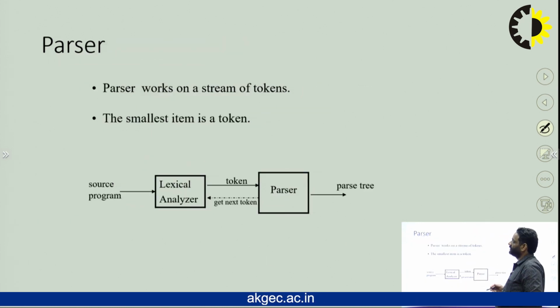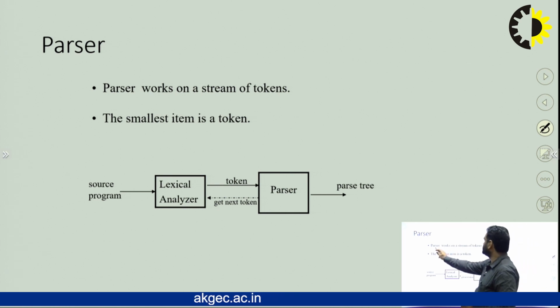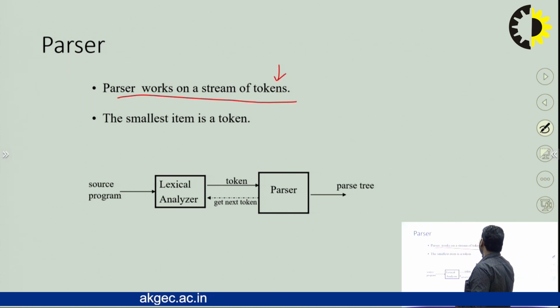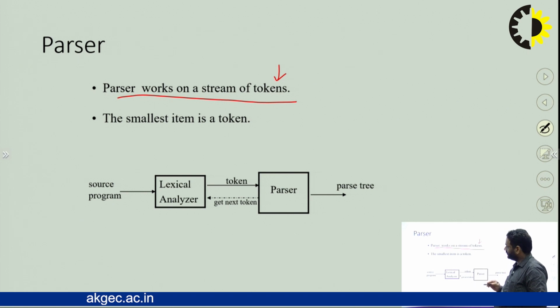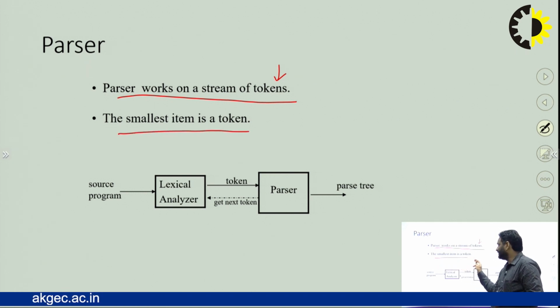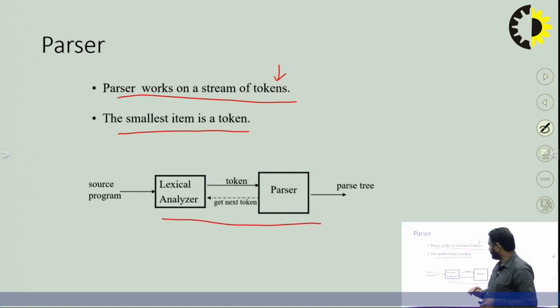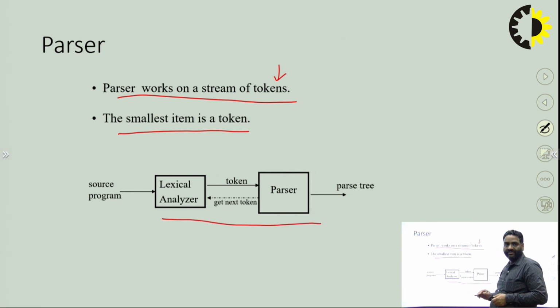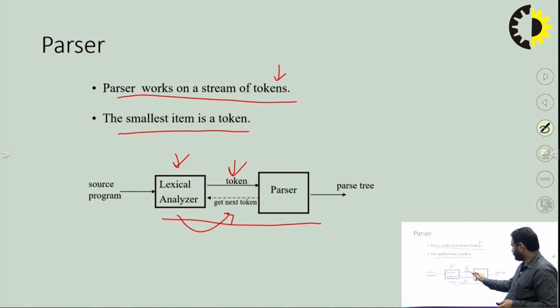Now let's discuss the parser. The parser works on a stream of tokens that are the output of the first phase, and the smallest item is a token. This is the block diagram of the first two phases of the compiler. In the first phase, the lexical analyzer takes the source program and converts it into tokens, and these tokens are input to the parser.